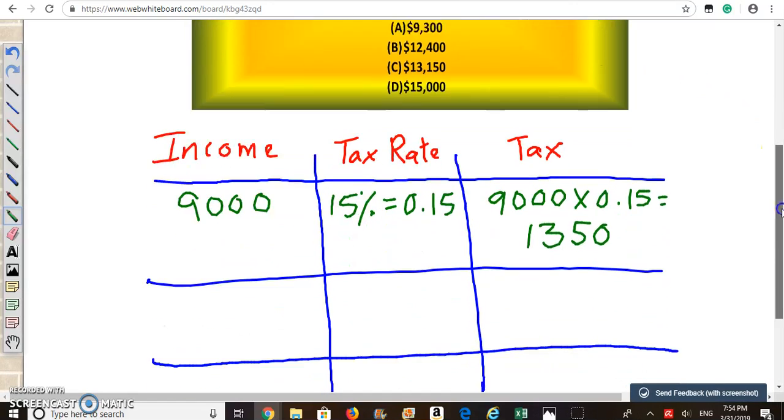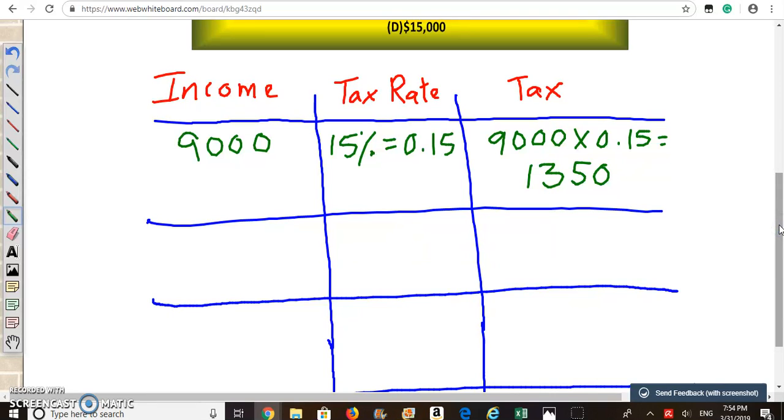So he already paid tax on the first $9,000. So in the second bracket, which is till $50,000, we will have to calculate whatever is left. So it will be 50,000 minus 9,000. For this income range, he will pay a tax of 20%. 20% means 20 divided by 100.